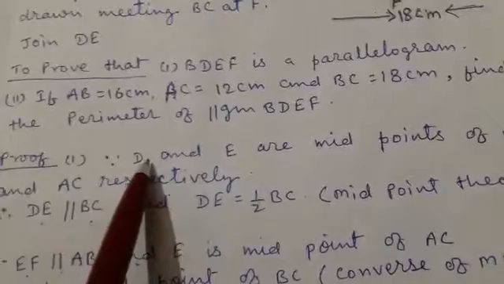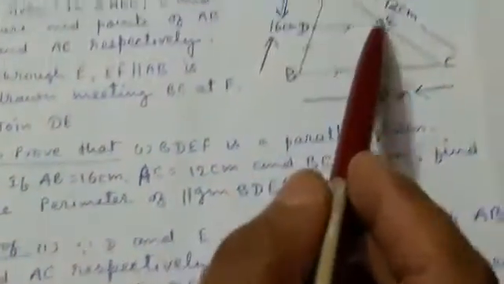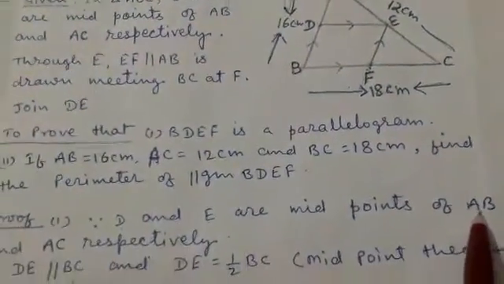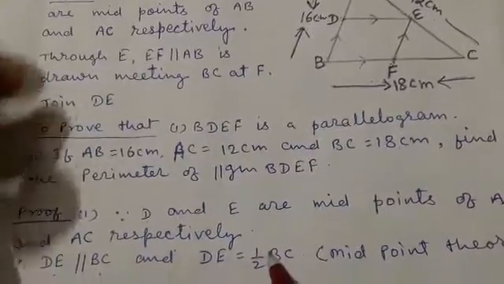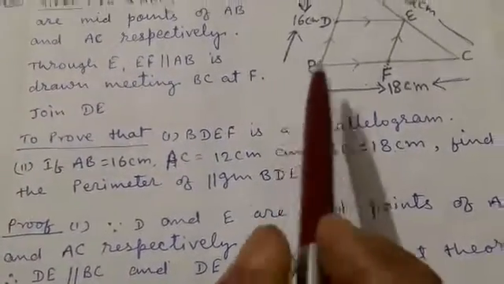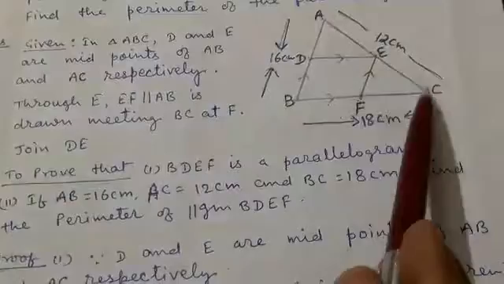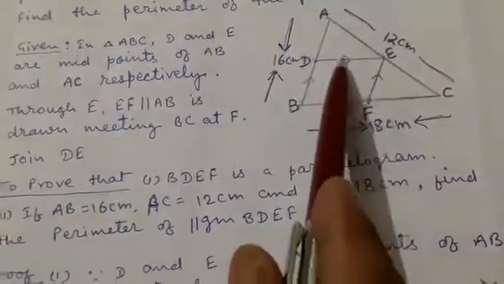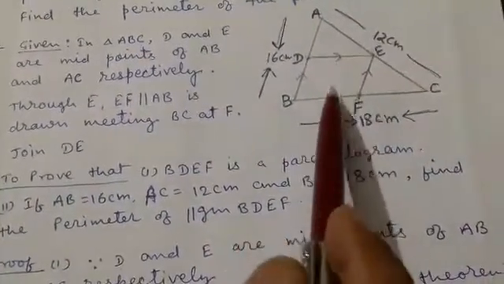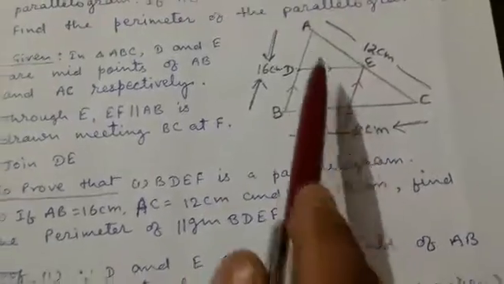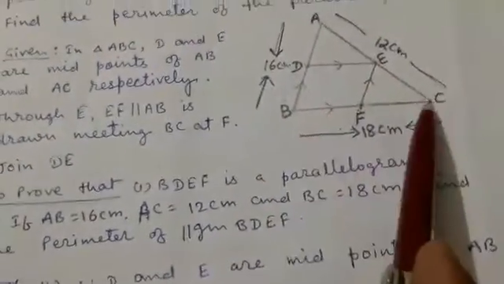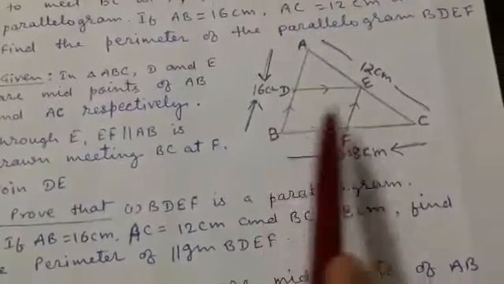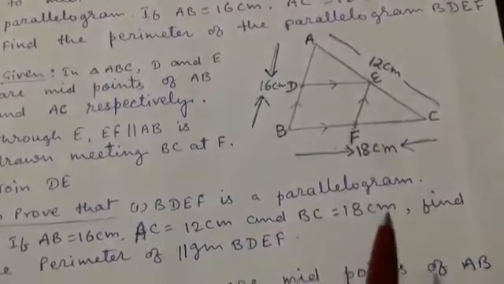First part, since D and E are the midpoints of side AB and AC respectively, therefore DE is parallel to BC and DE is equal to half of BC, by the midpoint theorem.